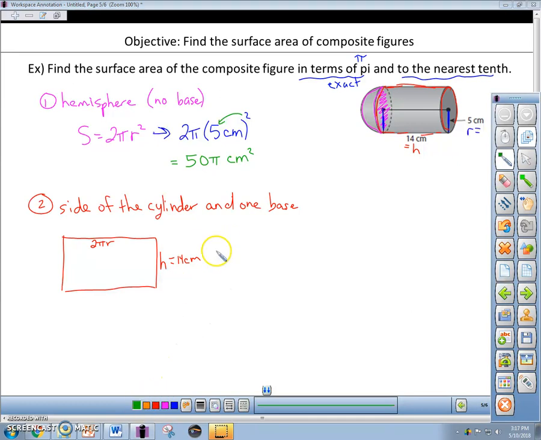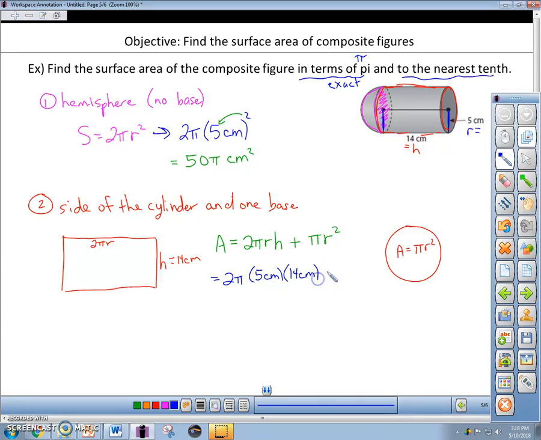So then the area of the rectangle, the side of it, would be 2 pi r h, plus the area of one of our circles, which is pi r squared. So this area is going to be 2 times pi times the radius of 5 centimeters times the height of the cylinder, which is 14 centimeters, plus pi times the radius of 5 centimeters squared.